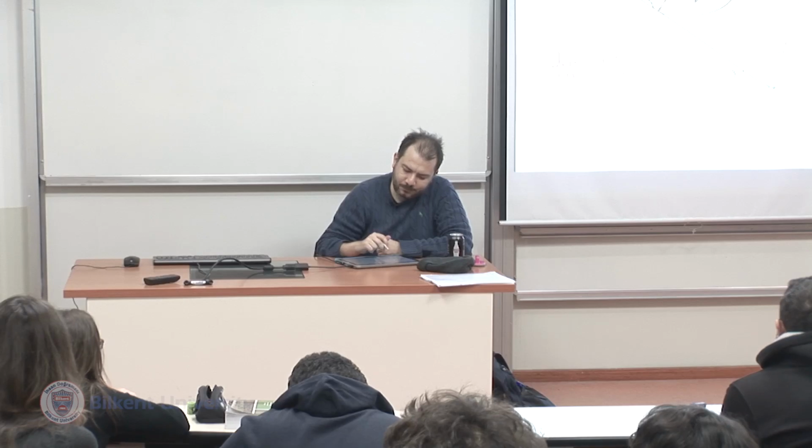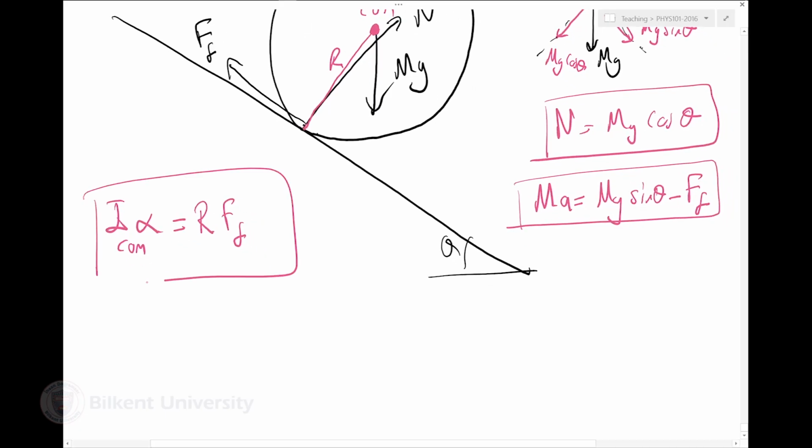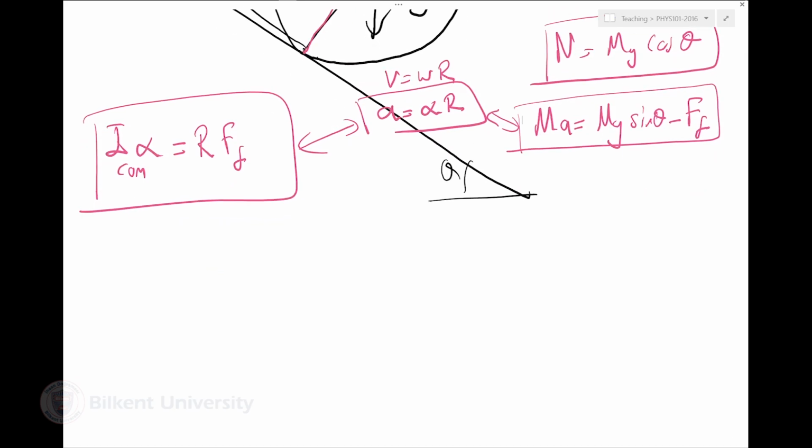So here I have two equations and three unknowns, a, alpha, and F friction. But this is rolling without slipping. I know that v is omega times R. If I take one more derivative, a is alpha times R. So here are my three equations which I can solve quite easily.